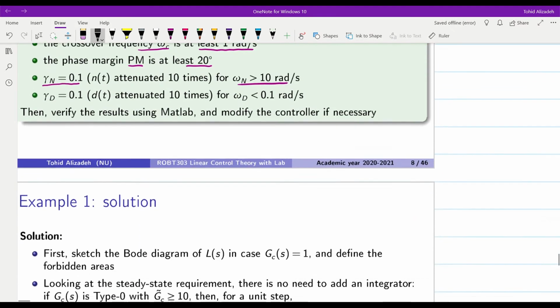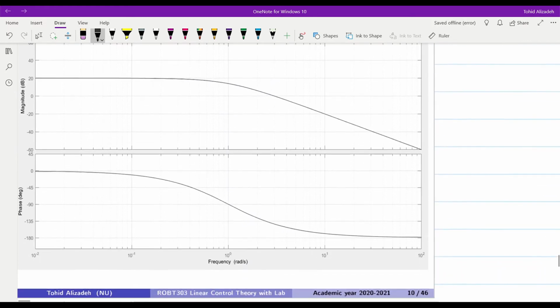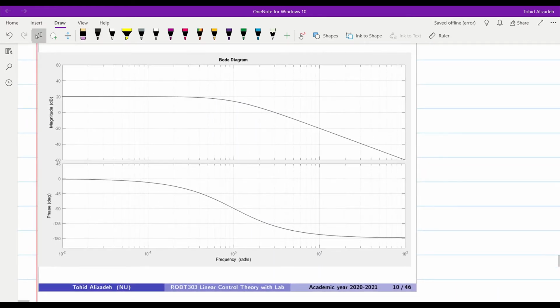We already have the Bode plot drawn by MATLAB, and you can see that it is quite similar to what we have over there. The amplitude starts from 20 dB at very low frequencies. The crossover frequency is here, which is omega equal to 3.